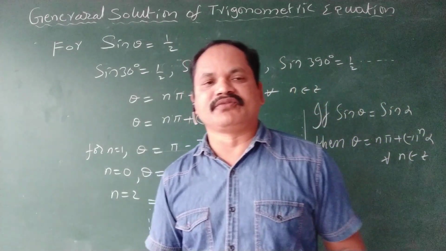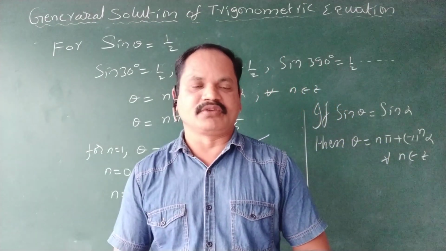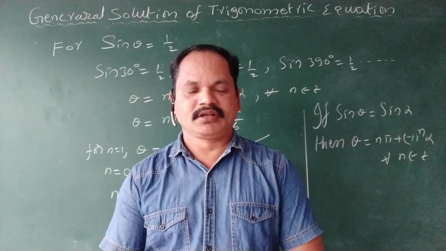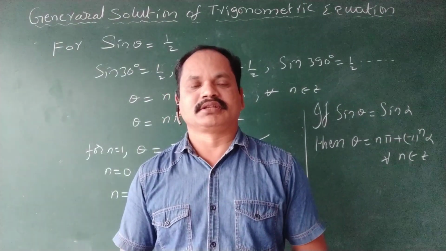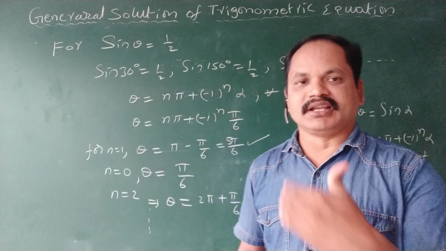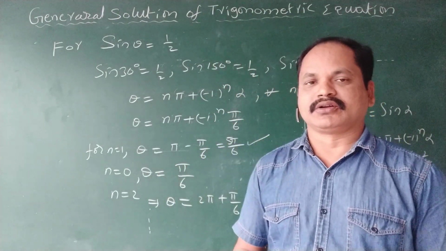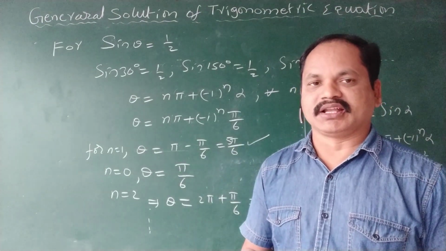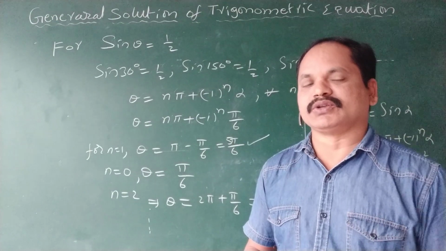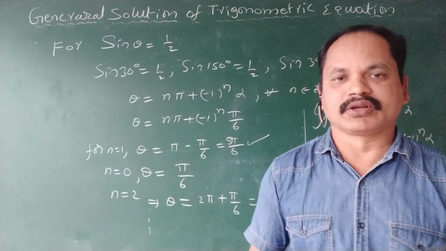So we have to define a general solution of trigonometric equations like this, and likewise for cos theta and tan theta. We have to write the list of general solutions of various types of trigonometric equations.